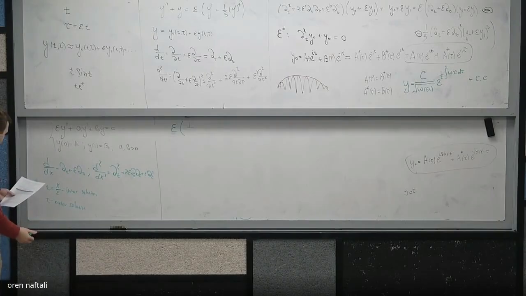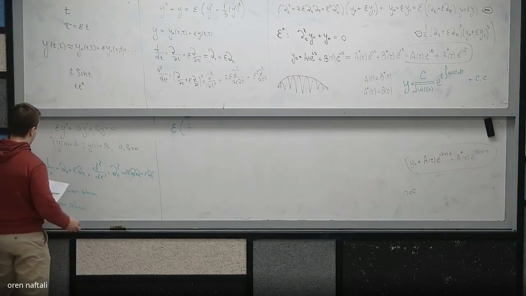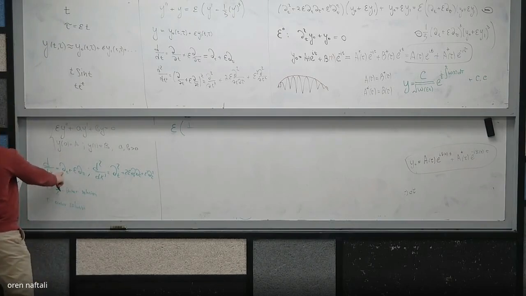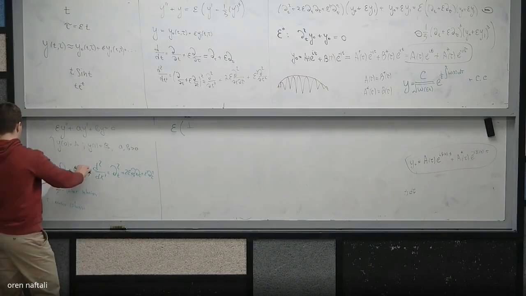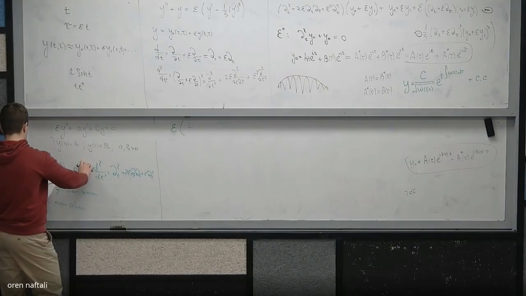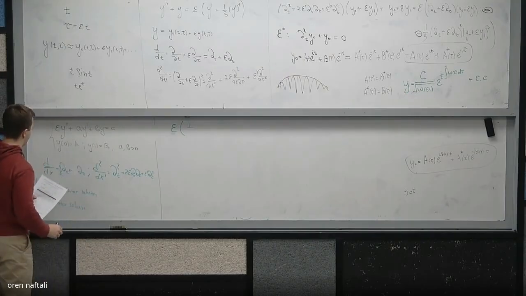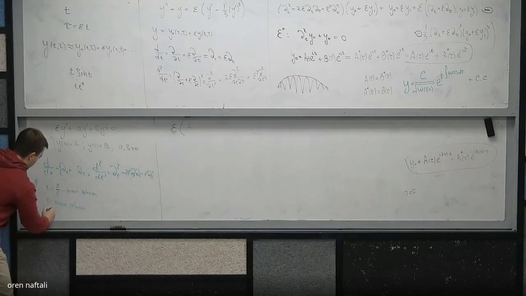And yeah, that's why the proper equation for this derivative with respect to x is 1 over epsilon. You have just d tau, because tau is epsilon times t.